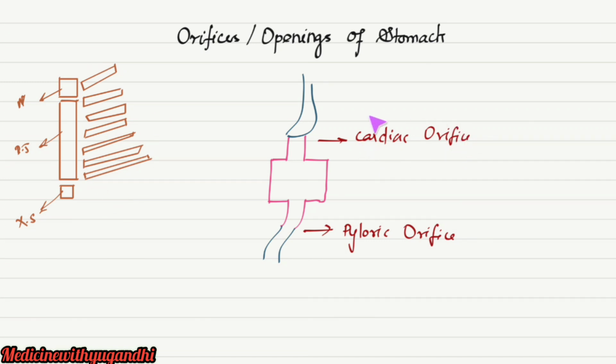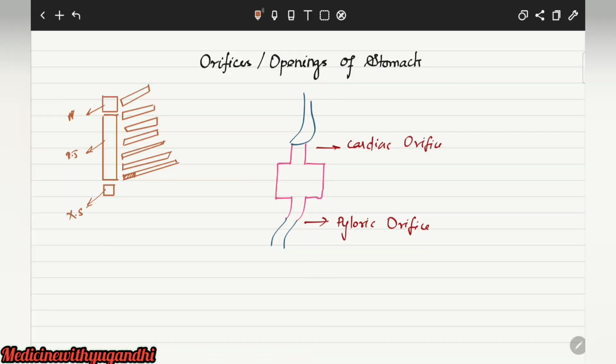So this cardiac orifice is just situated behind the 7th costal cartilage at the level of T11 vertebra.